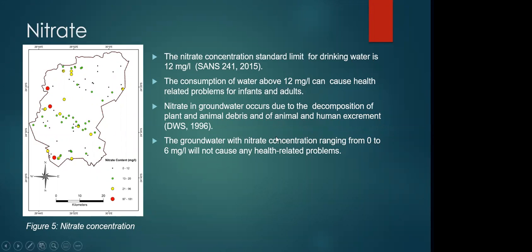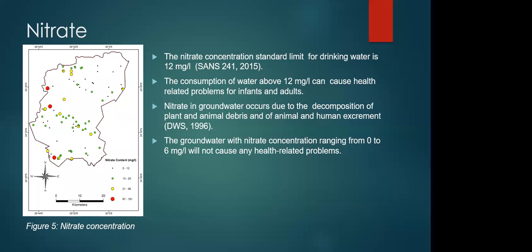Consumption of water which exceeds 12 milligrams per liter can cause health-related problems, especially in infants. They can develop a condition which affects the blood and its ability to carry oxygen.